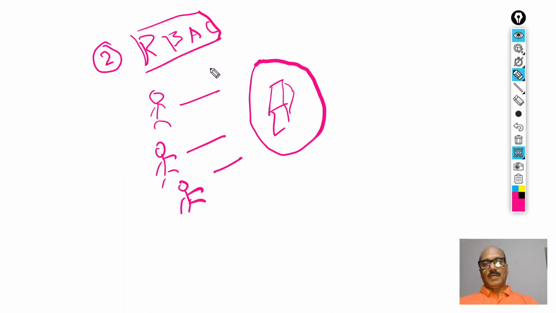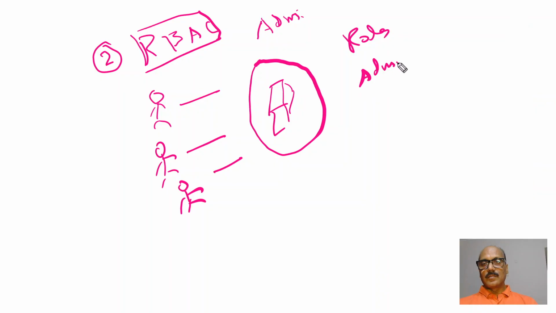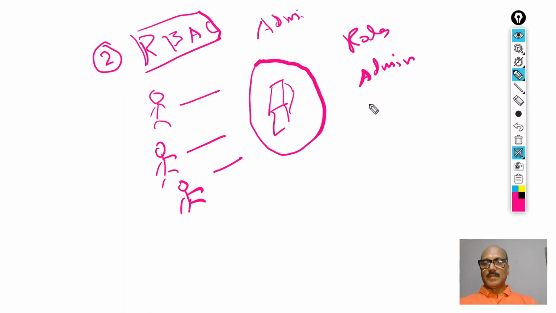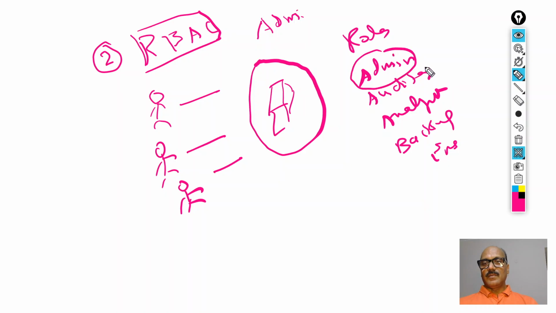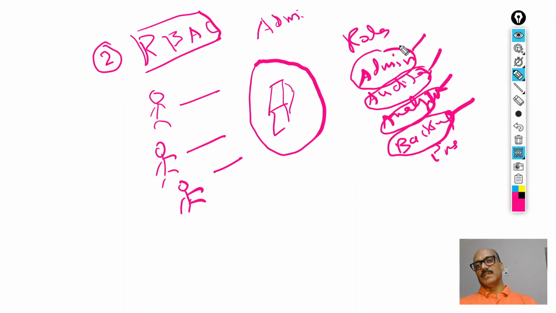A role is some kind of designation. Suppose we create some roles: administrator, auditor, analyst, backup engineer, something like this. So these are the kind of designations or roles. For these roles we provide the required permissions.